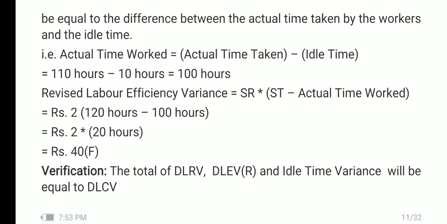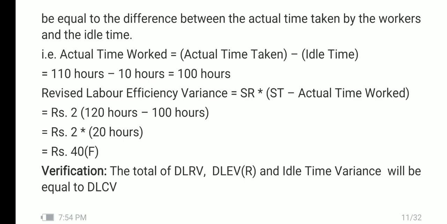So, 120 hours standard time, which we already know, minus not 110 hours, but 100 hours, actual time worked. So, 20 hours we are obtaining. When multiplied with rupees 2, that is standard wage rate, it will give us 40 favorable. Revised labor efficiency variance is 40 favorable.